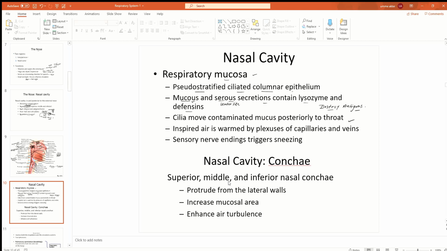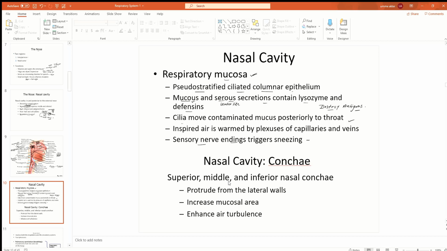Cilia move, and inspired air gets warmed because of a lot of blood flow, a lot of capillaries and veins there. Another thing, in the wall of the nasal cavity you have many sensory nerve endings in the mucosa, the inner lining, and that's why inside the nose is very sensitive.